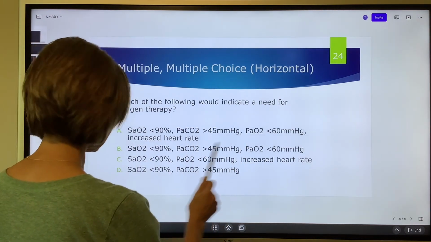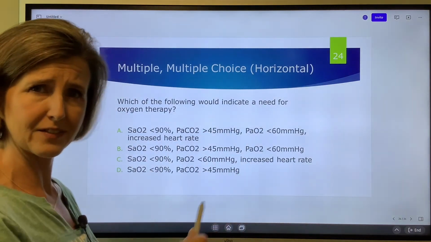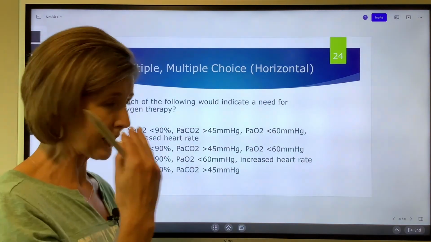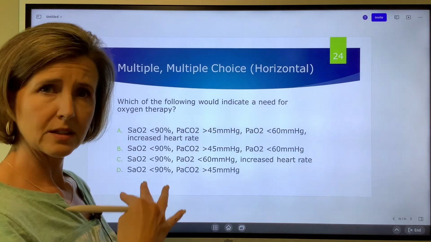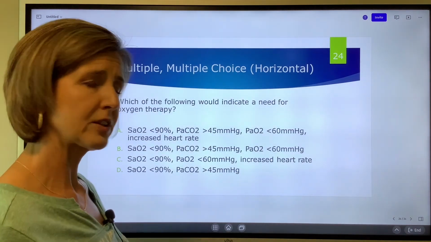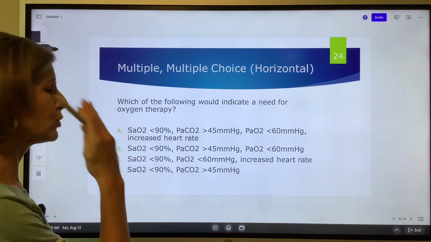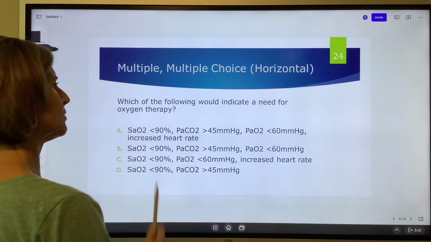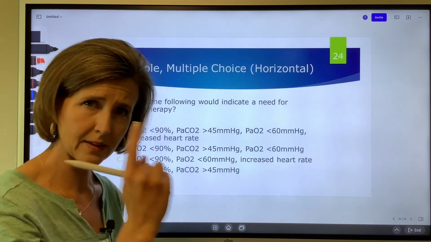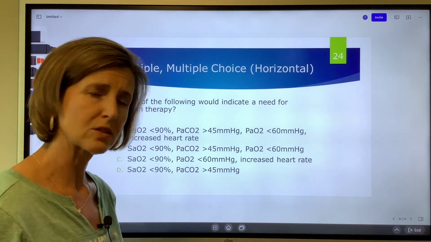And when I do this, that's a lot of stuff for my brain to want to look at. So what I try to do is eliminate the noise. I get rid of a distractor. So I'm going to choose one thing. Is it the SaO2? Is it CO2? Is it the PO2? I'm going to choose one thing, and I'm going to eliminate with this one thing.